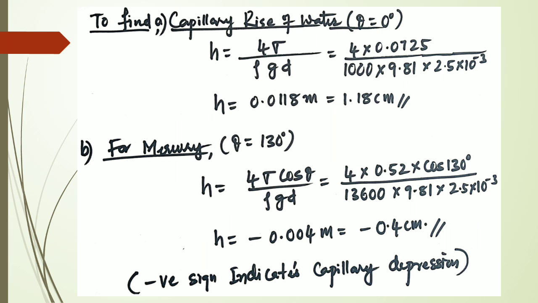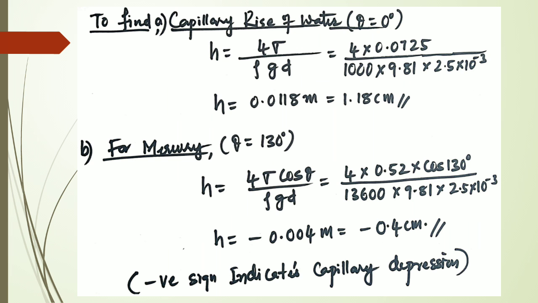Okay. So 4 into sigma, surface tension is known to me, then density of water is known to me, 1000 into g, acceleration due to gravity 9.81, into the diameter. Okay, he has given. So we have to obtain capillary rise, that is H for water. Right? Therefore, H is equal to 0.0118 meters. Or if I want to convert into centimeter, then 1.18 centimeter. Fine.